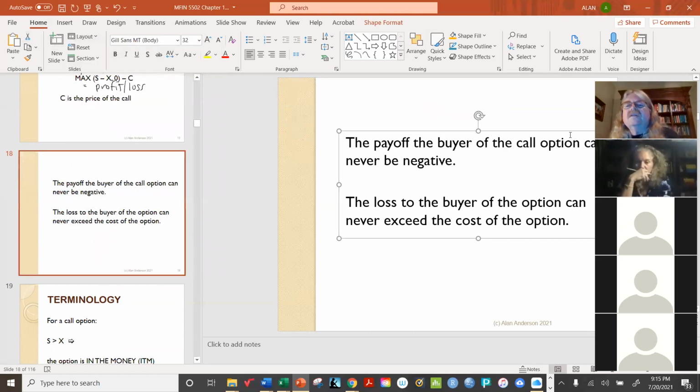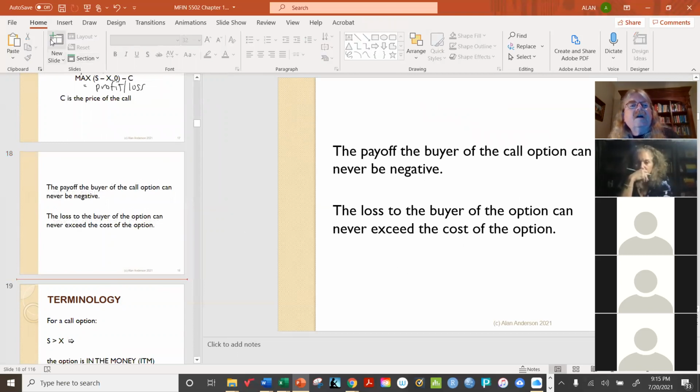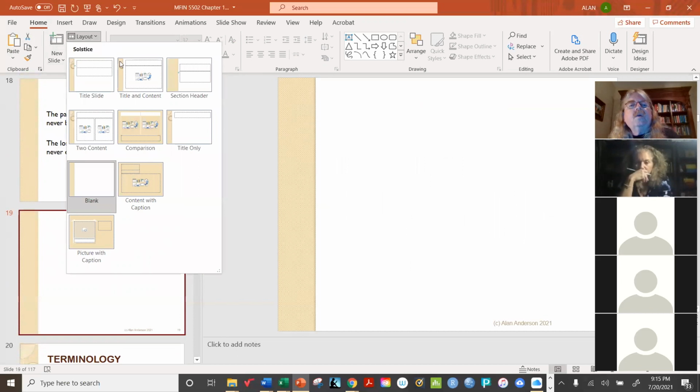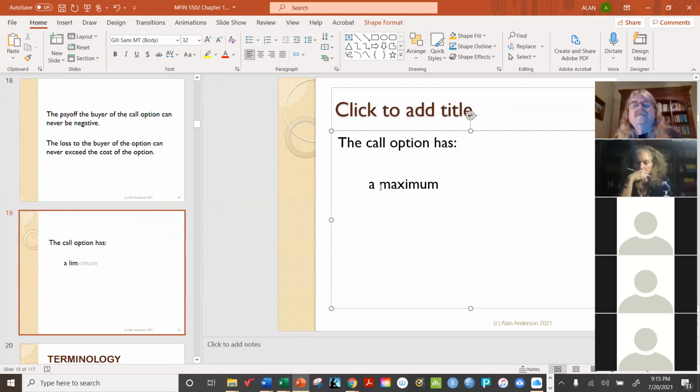And so when you bring all this together, it turns out, and this is so important for options, this is why they're more valuable than other types of derivatives. The call option, and other options too, has a limited or maximum possible loss and no maximum possible profit.